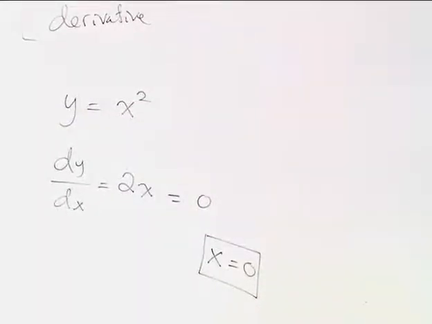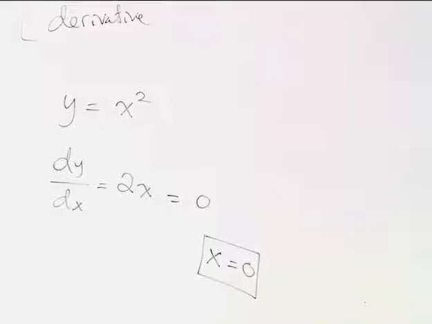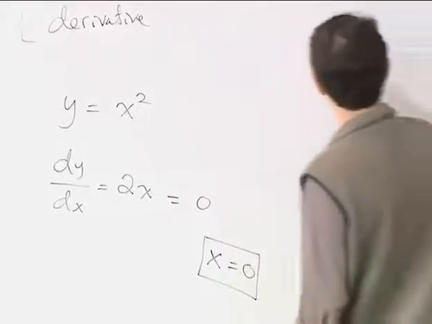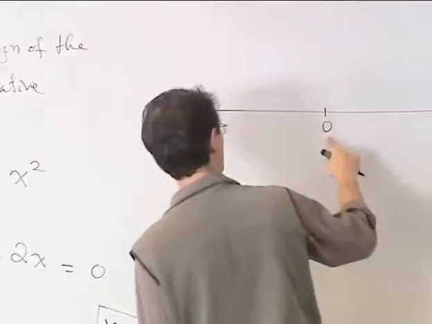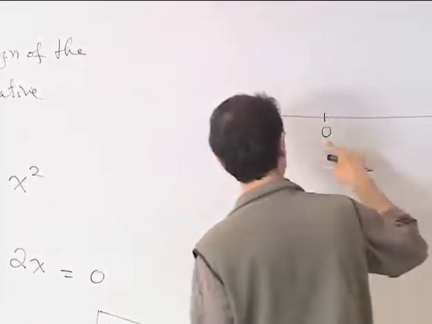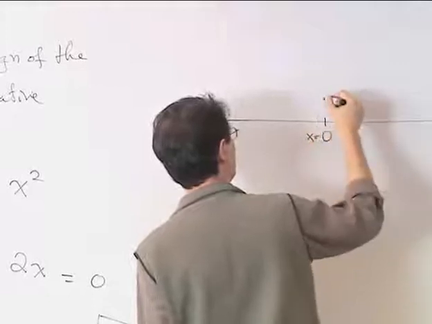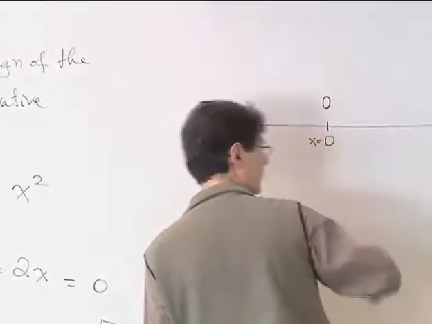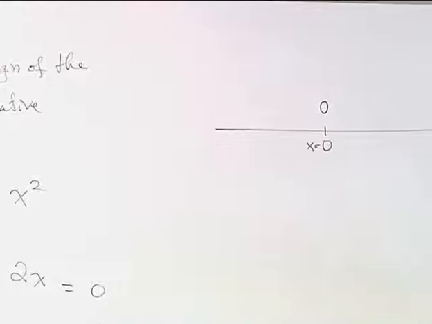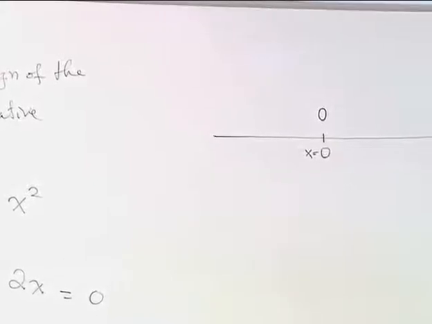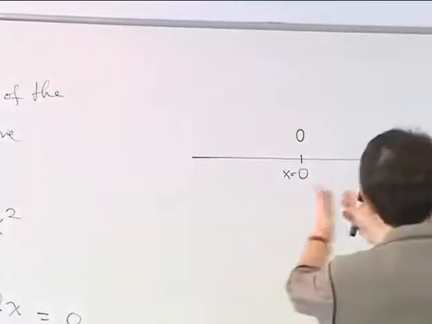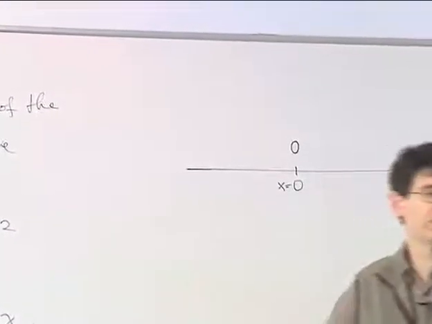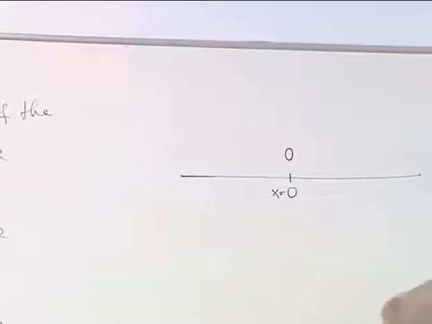I'm going to draw the following here. This is the value x equals 0. And this is the value of the derivative. The derivative is 0 here. Now, are there any other values of x for which the derivative is 0 in this case?